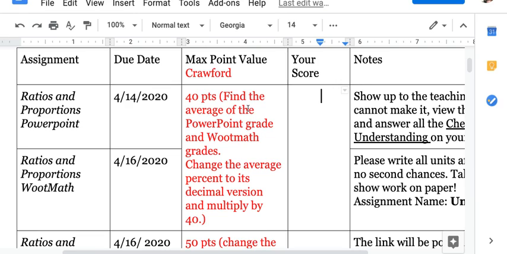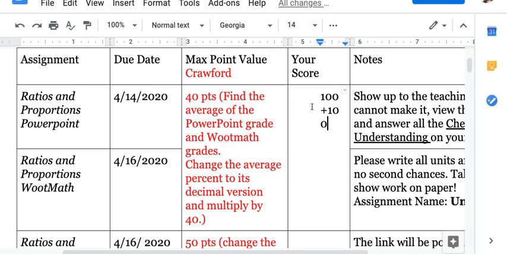For instance, with my class, if you attend the ratios and proportions PowerPoint, you get an automatic 100. If you do very well on the Woot math and get every question right, you get another 100.